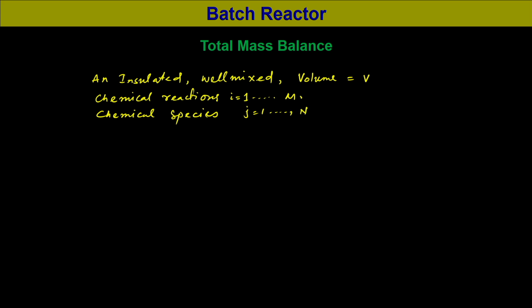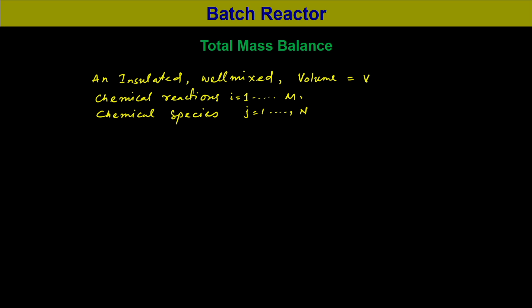So, n number of chemical species and m number of chemical reactions are happening inside a batch reactor. The reactor is well insulated and it is well mixed, whose volume is V.